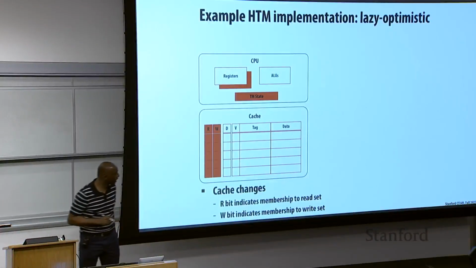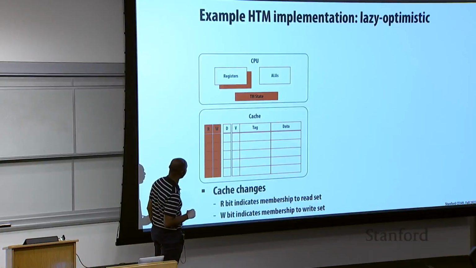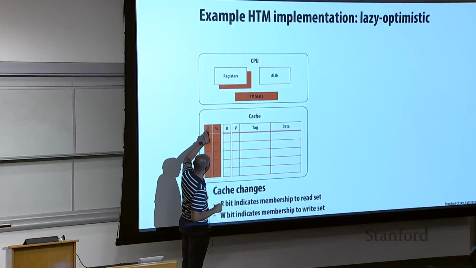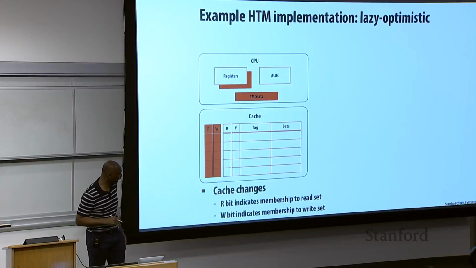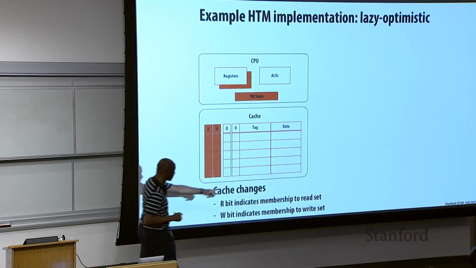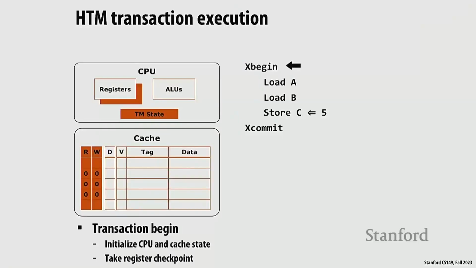And then the key elements that we've added are the R and W bits, which indicate our transactional memory state.